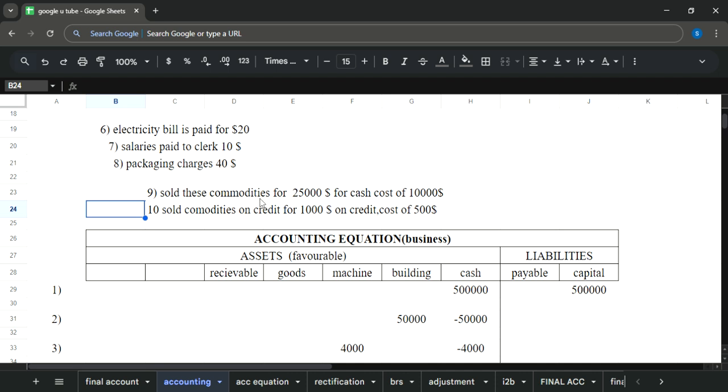Please note carefully. You can sell these commodities for cash and you can also sell commodities on credit. Both possibilities are present, but please understand, you are not right now directly related with the cost. You are related with your income. So you have sold these commodities for 25,000.